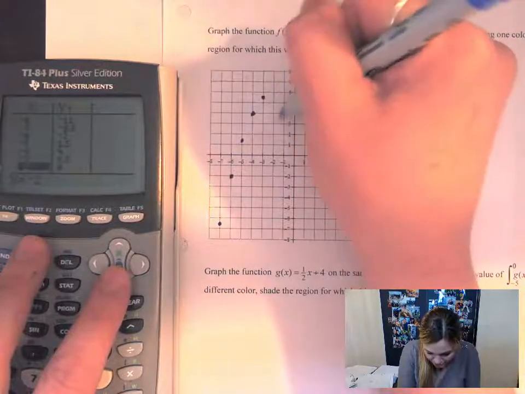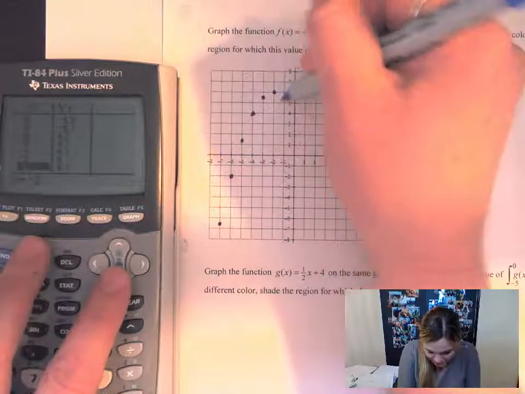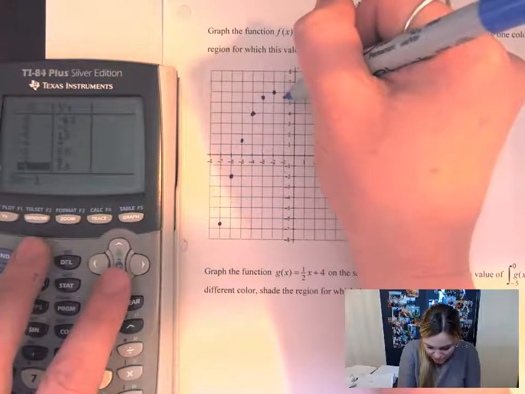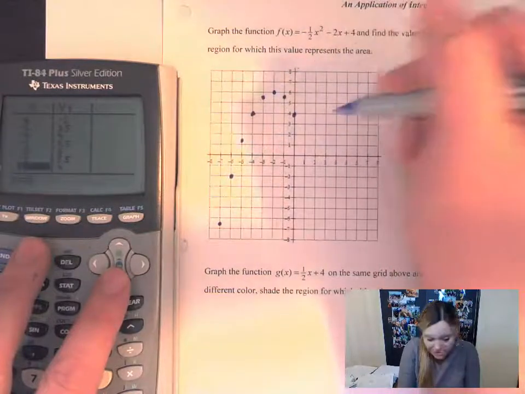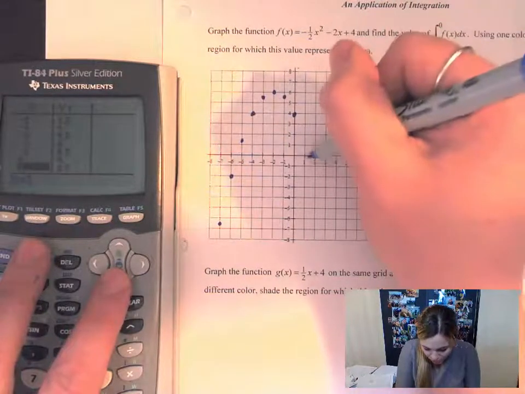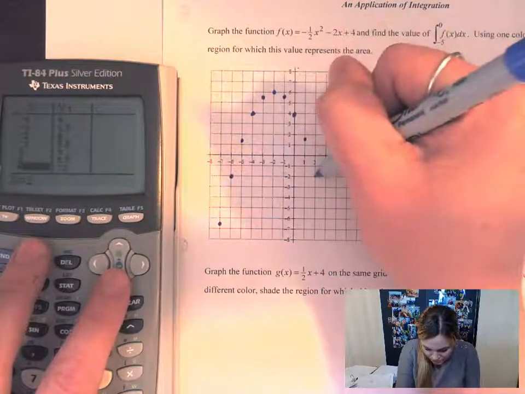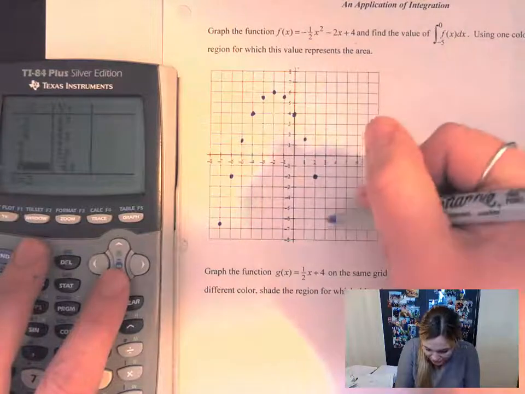Negative 2 is 6. Oh, that's nice. We can kind of see where the vertex is going to be right now because we've got another one at 5.5, 0, 4. Oh, look at this, so pretty. 1, 1.5. 2, negative 2. And then 3, negative 6.5.